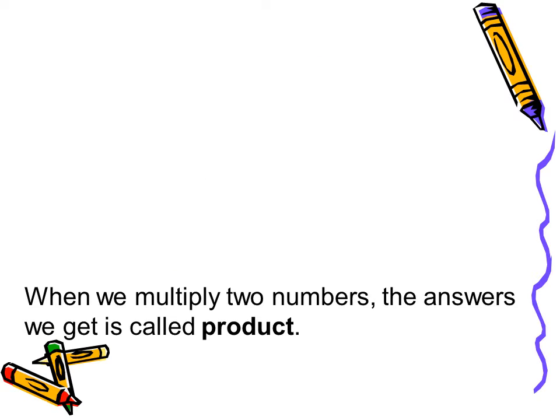Let us move to today's part, which is multiplication. Students, the foremost thing we will be studying is that when we multiply two numbers, the answer we get is called a product. Like in addition we call it sum, in multiplication we always call it product.